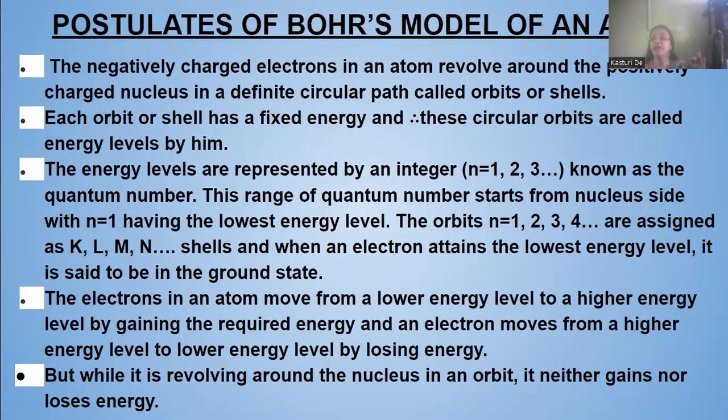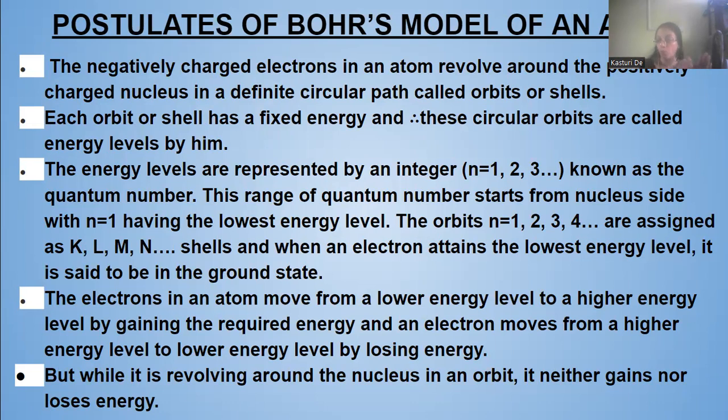So the orbits are known as energy levels by Bohr, and each shell has a fixed energy. These circular orbits are known as energy levels, and they are represented by an integer, like n equal to 1, 2, 3, which is known as the quantum number. The range of quantum numbers starts from the nucleus side and goes away from the nucleus.